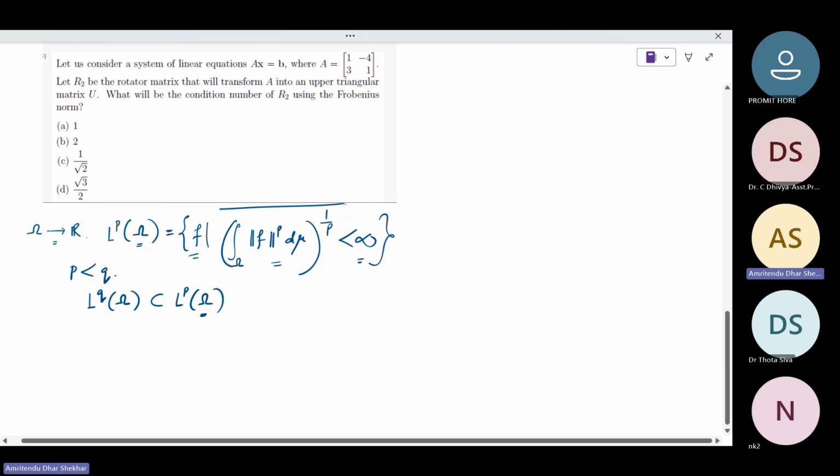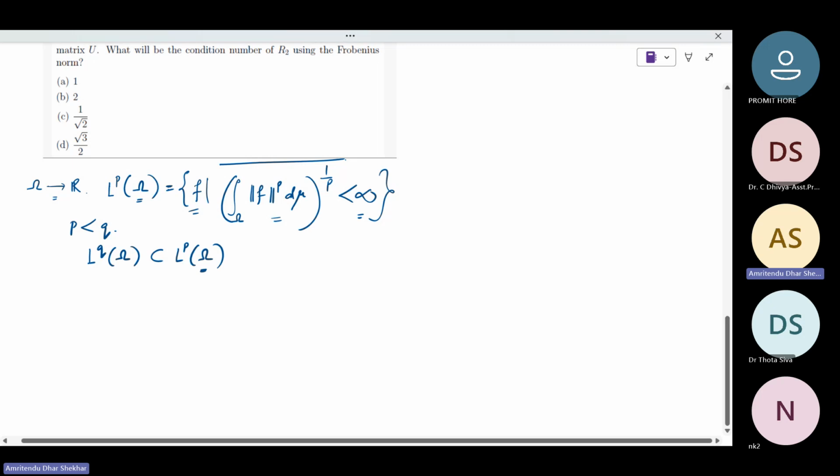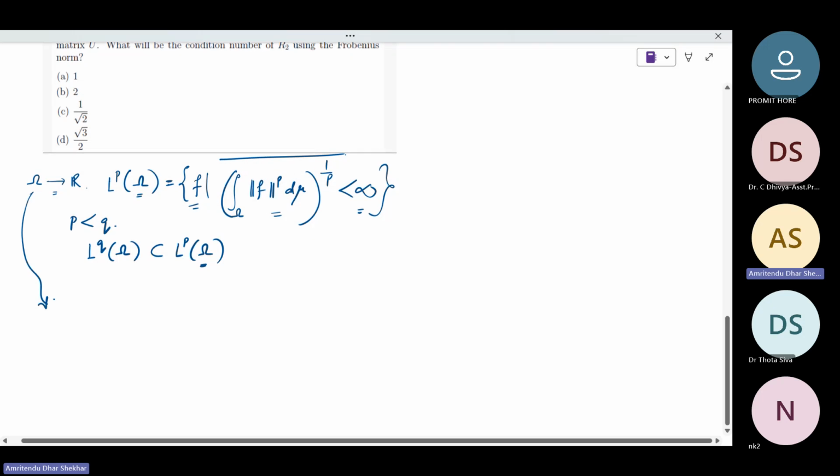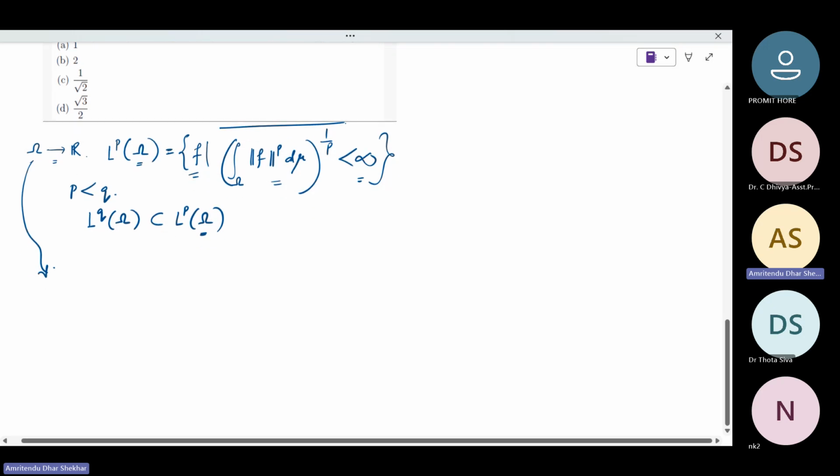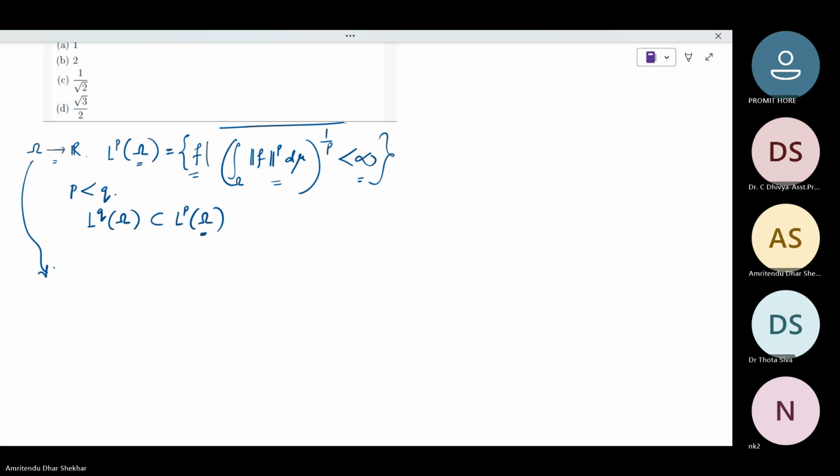Okay, anyway, how is this relevant? In our case, our space is, well, what is our space? Our space can be the space of matrices, and then you can define a norm.